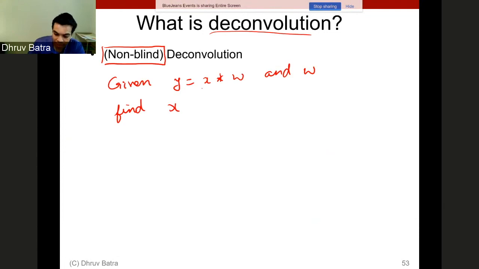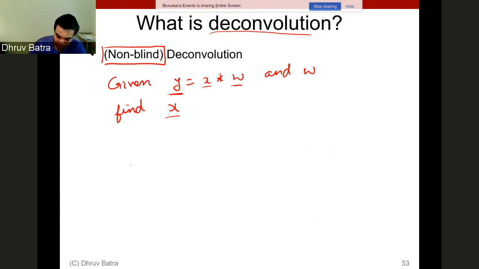That if I tell you the output of a convolution, and if I tell you what filter I convolved it with, can you recover my signal? And this is non-blind deconvolution is this operation, and there is a way of formulating convolution as matrix multiplication. We will cover that next time. You've seen some of it in the homework. And so deconvolution is asking for a matrix inverse operation.